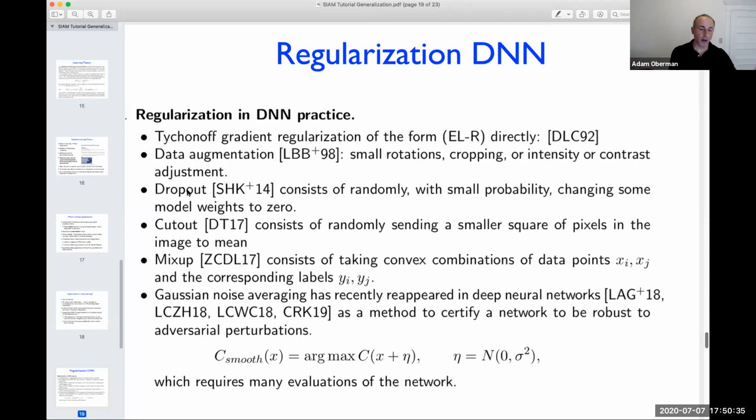This happened to dropout, cutout, and mix up. Also, Gaussian noise averaging has appeared as a method to certify a network to be robust. I believe there's a connection between generalization and robustness, because if you perturb data a little bit and it misclassifies, it's hard to see how you could still generalize, and vice versa.